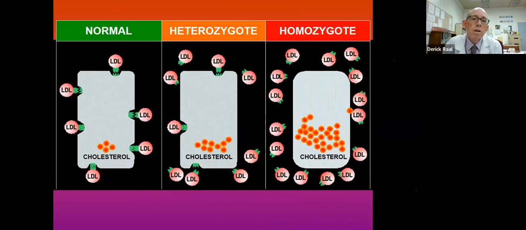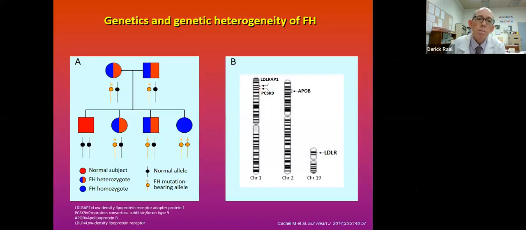This is a little schema showing the problem. A normal cell has about 80,000 LDL receptors. Heterozygous patients have about half the number of LDL receptors, and that's why the LDL cholesterol in the blood is about twice normal. Homozygotes have very few, if any, LDL receptors, and that's why they have extremely high LDL cholesterol levels.